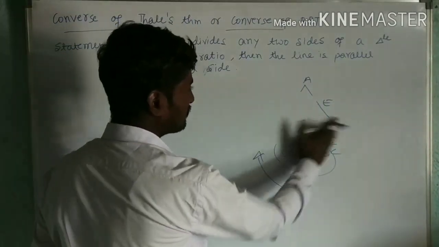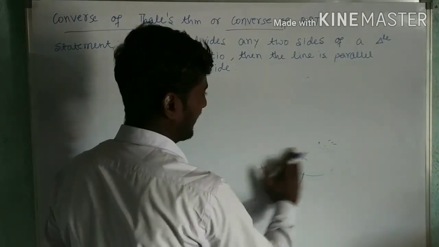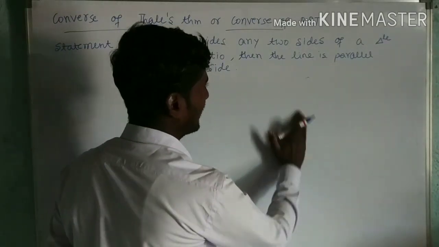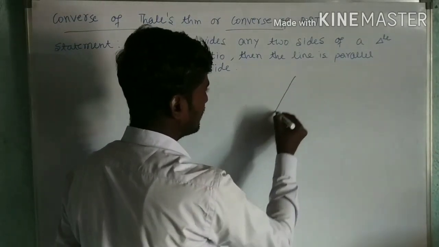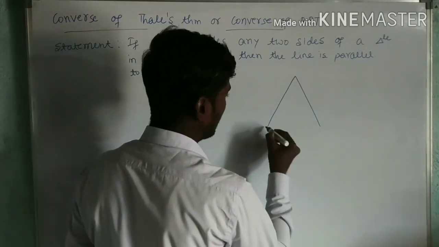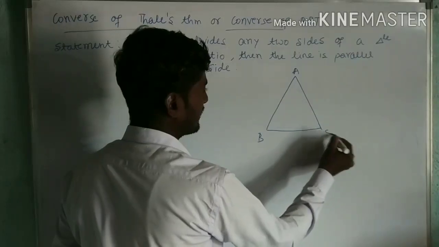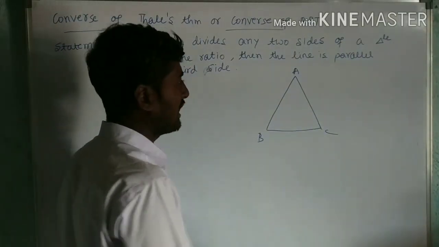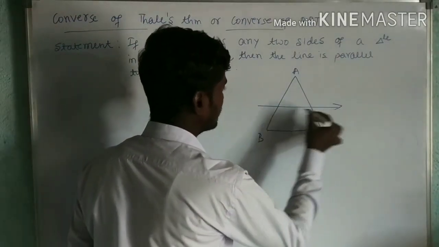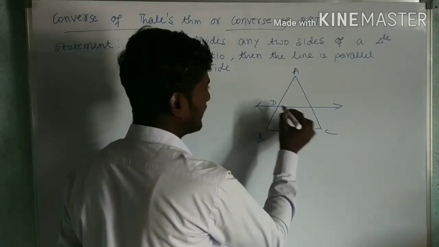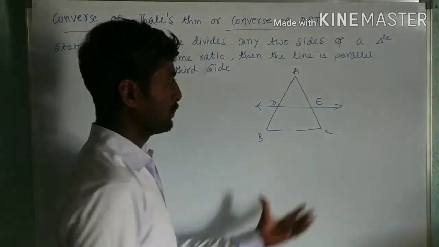Now for this, we have to construct a triangle first. Let us take the triangle ABC. In this one, I draw a line DE, which I assume is parallel to BC.